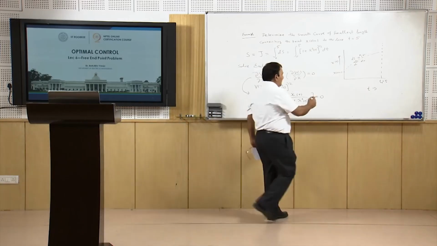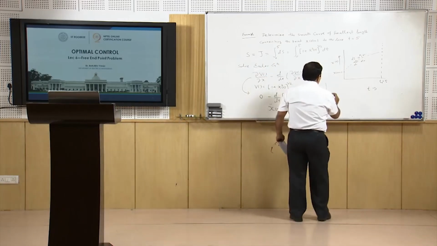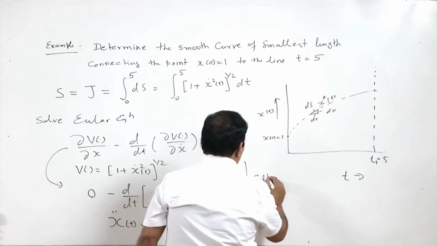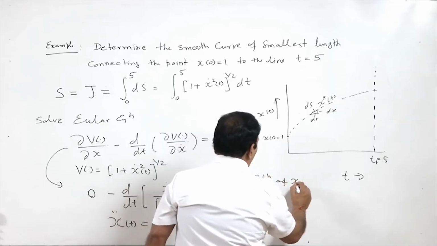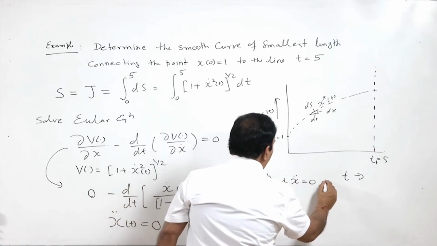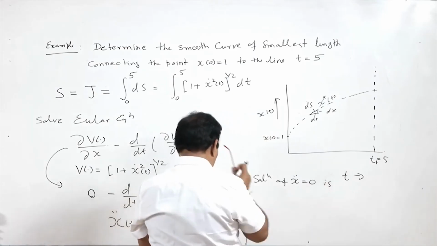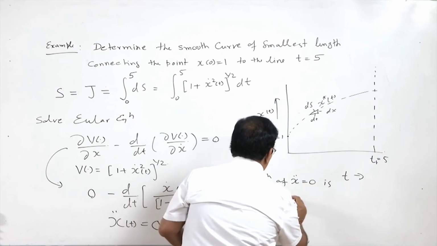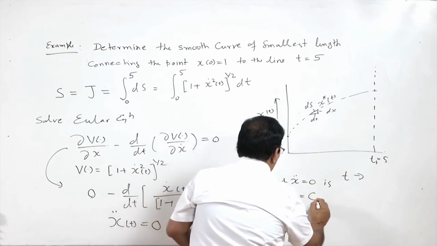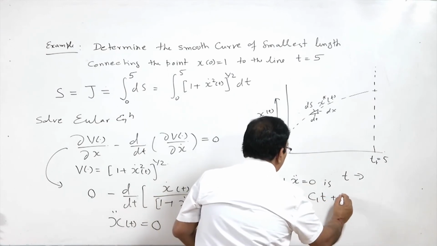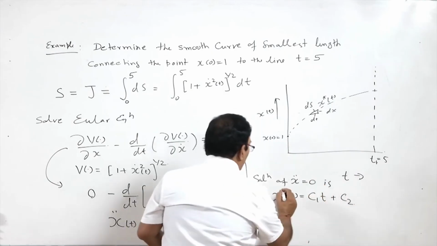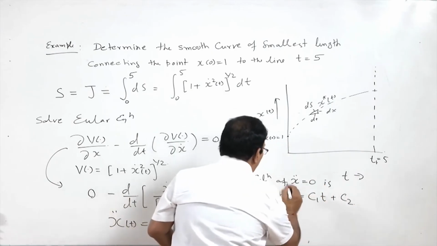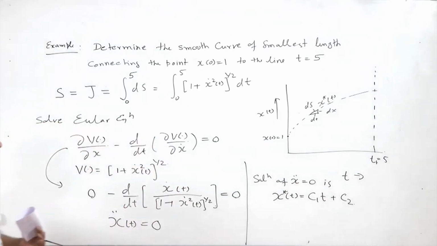Now, the solution of x double dot equal to 0 we can directly write as x t equal to C1 t plus C2, and this is my optimal x star.